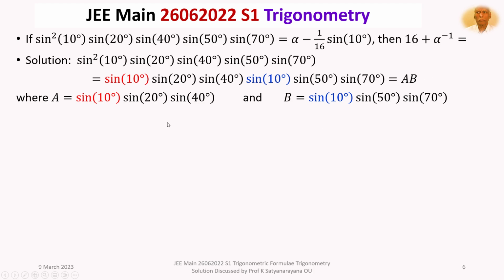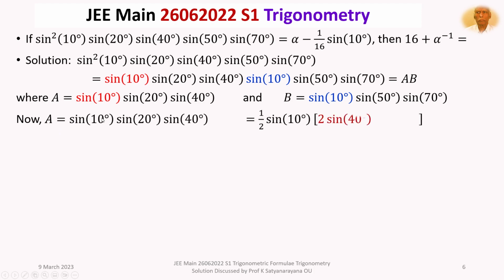We first take A. Capital A is sine 10 into sine 20 into sine 40. Now multiplied and divided by 2, so 1 by 2 into sine 10 degrees in brackets 2 times sine 40 into sine 20.